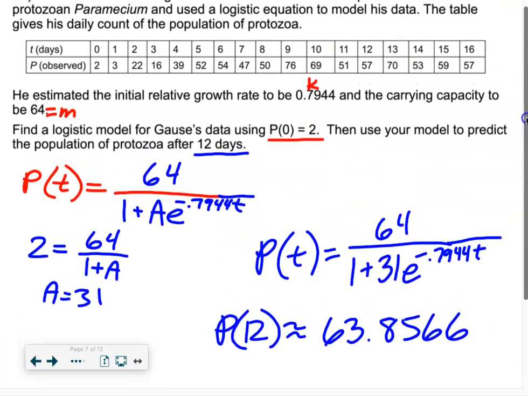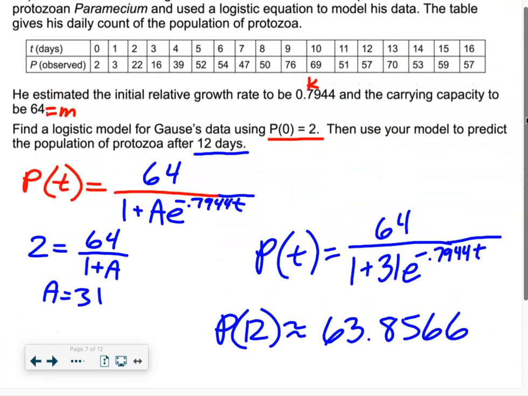Now, if you look at the actual live data, it's a little more sporadic. For a while there's 76 paramecium at day 9, but then it starts dropping down again. What did they do to each other in these 2 days? Then it goes all the way down to 51, starts going back up, hits 70, and then in 1 day drops back down again, and starts growing again.